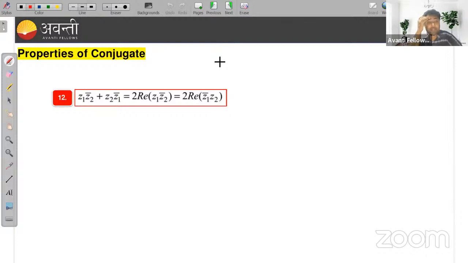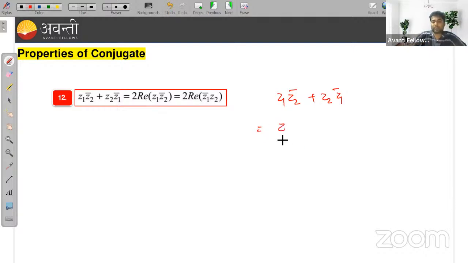So what is that? Z1 into conjugate of Z2 plus Z2 into conjugate of Z1 is equal to 2 into real of Z1 into conjugate of Z2. I'm taking the left hand side first: Z1 into Z2 bar plus Z2 into Z1 bar.